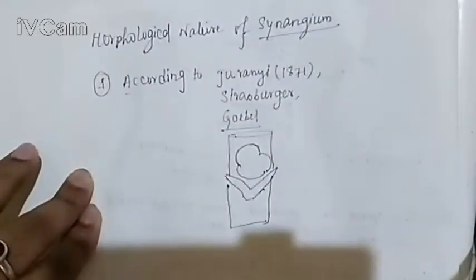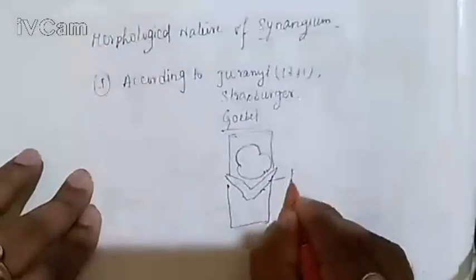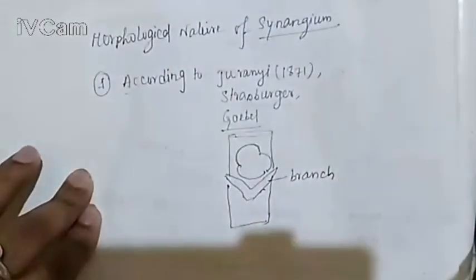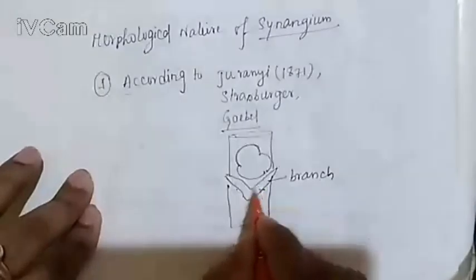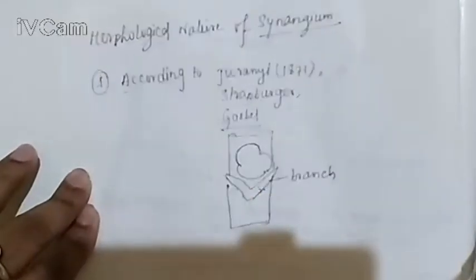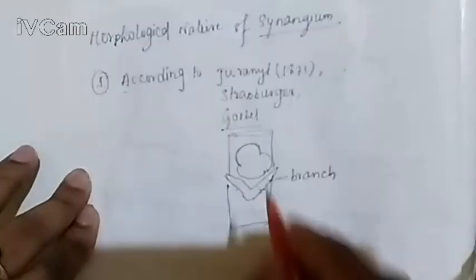According to Juranyi, Strasburger and Goebel, this is a small fertile branch on which two leaves are present, you can observe two leaves here, and practically a triloculous sporangium.